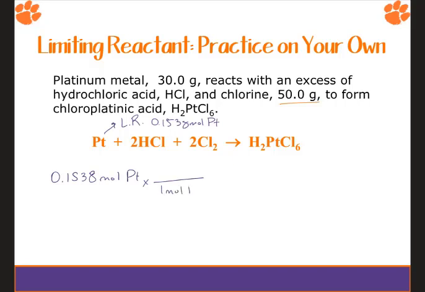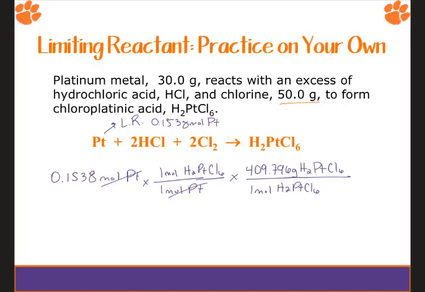So for every 1 mole of platinum I put in, I get 1 mole of my H2PtCl6 out. So my moles of platinum will cancel. Then I go to grams of my chloroplatinic acid. So 1 mole of H2PtCl6 weighs 409.796 grams, so he's a real big guy.